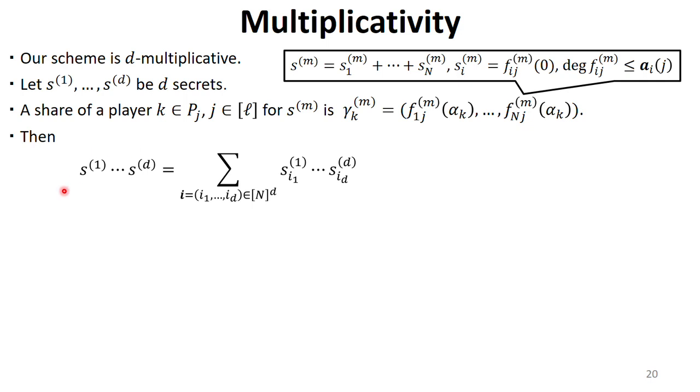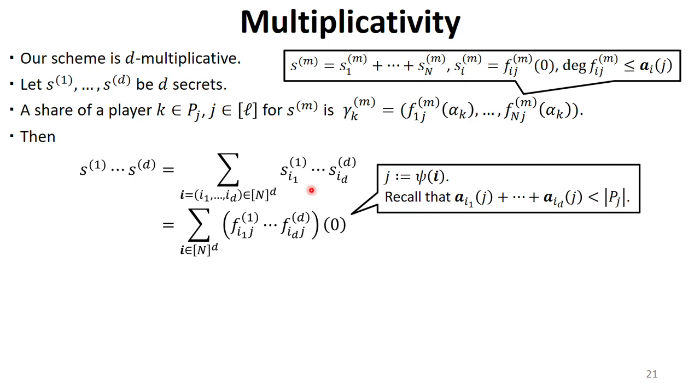Then the product of these secrets can be written as the sum of n to d monomials, and each monomial is the value of this polynomial at 0. And here we set j as psi I. From the definition of psi, it holds that the sum of these values is less than the size of pj.